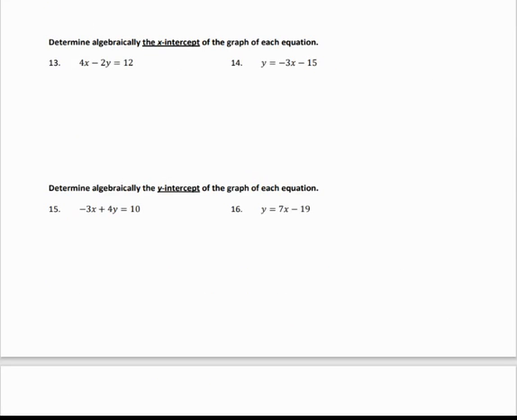Okay, so 13 says find an x-intercept. Who can tell me? I've heard from Tim and Ashley. So let's hear from somebody else. And if it's in the chat, that's okay too. How do I find an x-intercept? How do we find an x-intercept?